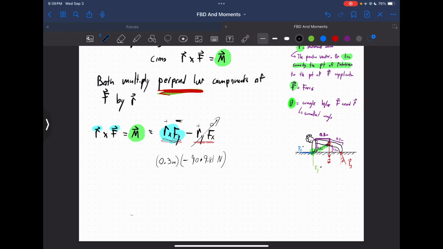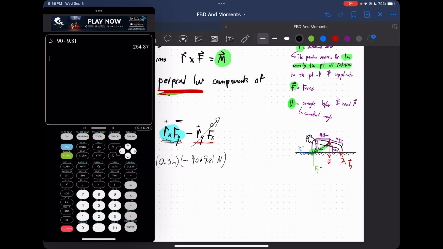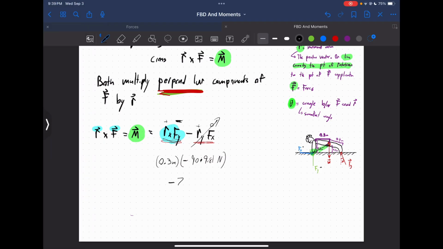And that, if we do our math, is negative 264.87 newtons. And that's just for the moment this way.